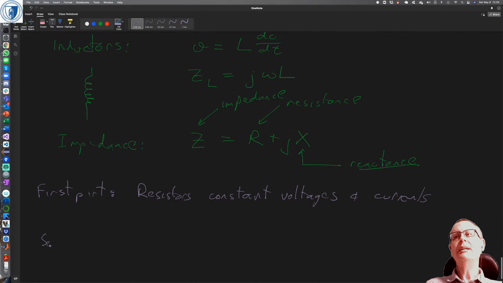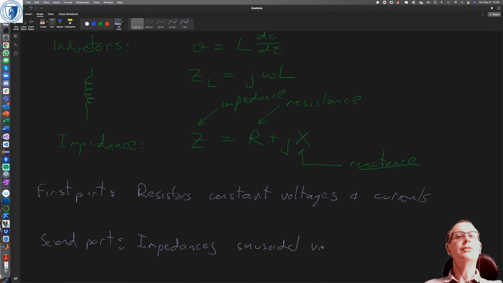The second part dealt with impedances and sinusoidal voltages and currents.